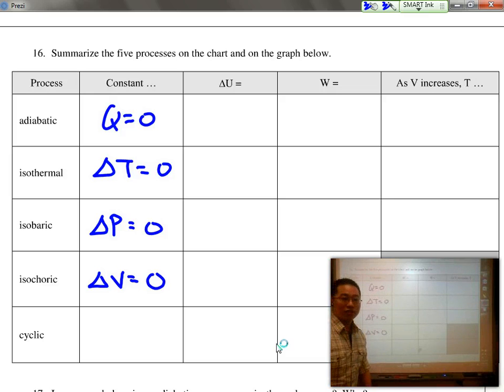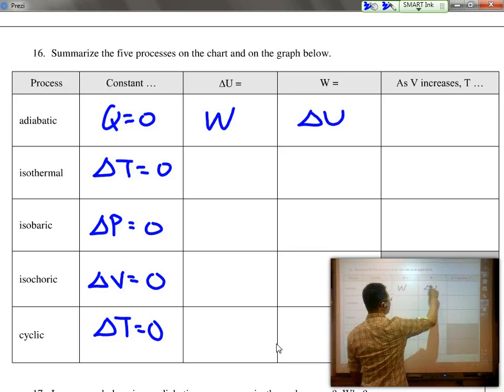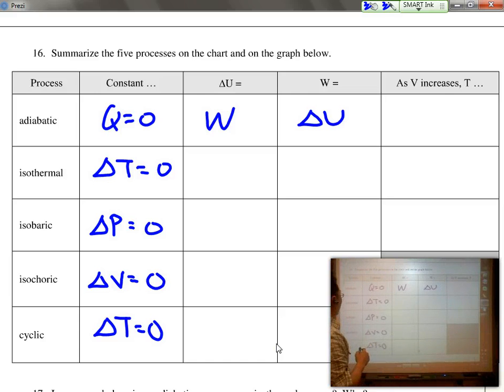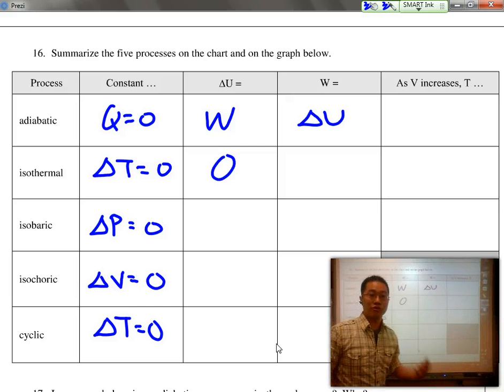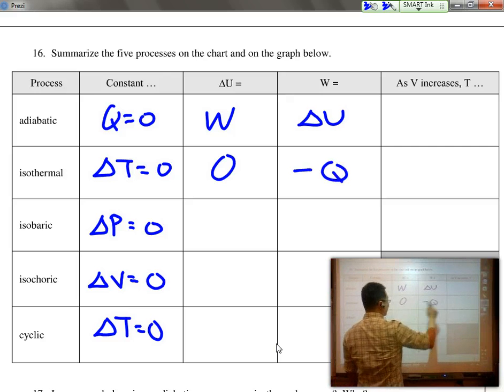With cyclic, there's also going to be no change in temperature as well because you're returning to the original point. With adiabatic, because delta Q is equal to 0, delta U is simply equal to W and vice versa. And with delta T equals 0, then delta U automatically equals 0 as well, because with no change in temperature, there's no change in internal energy. So work would automatically equal negative Q.